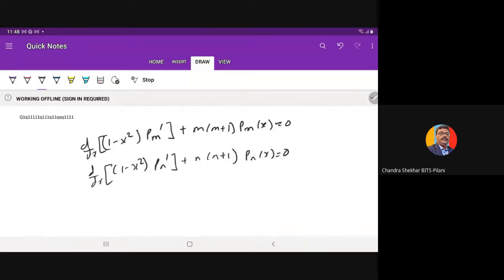So in the first you multiply with Pn, in the second you multiply with Pm. So here we have the multiplication of Pn, here we have the multiplication of Pm.